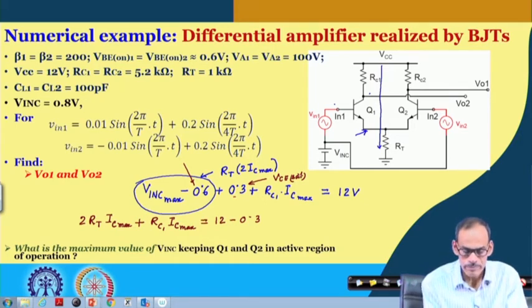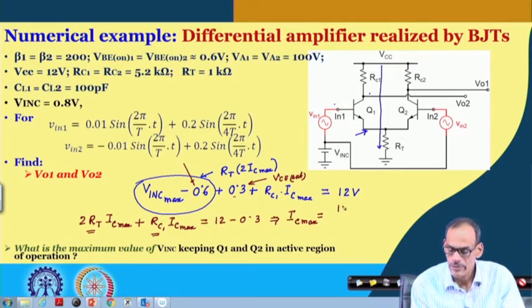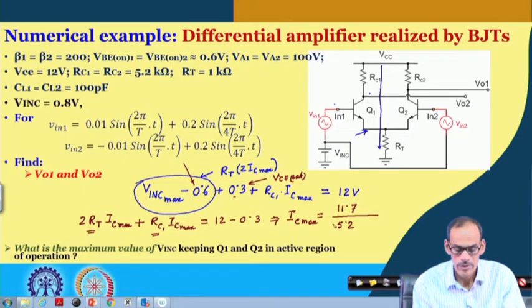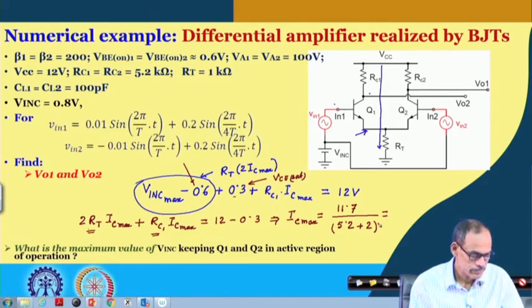So, we know the value of this RT, we know the value of this RC1, and so we can calculate what is the maximum value of IC called IC max. So, that is equal to 11.7 divided by RC is equal to 5.2, and this is 2 K. So, this much of milliampere, and I think I do have calculation for you.